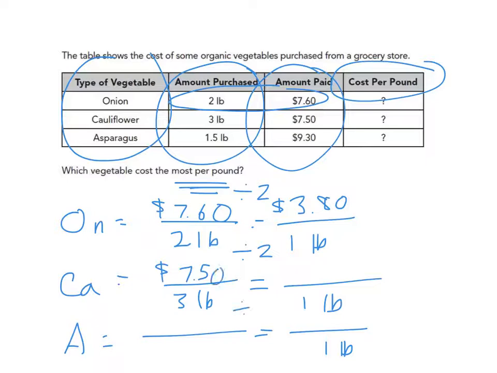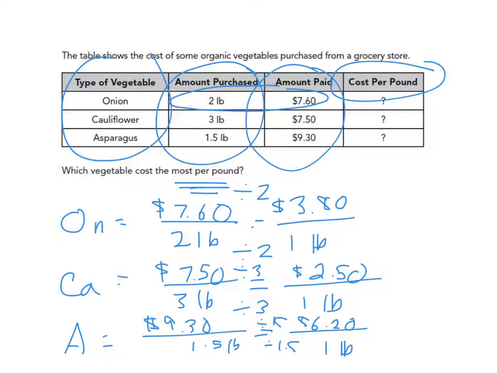If I divide the top and bottom by 3, I get that the cauliflower is $2.50 per pound. The asparagus, they tell us that it is 1.5 pounds, but that was for $9.30 worth. If I divide the top and bottom by 1.5, I get that it is $6.20 for a single pound.